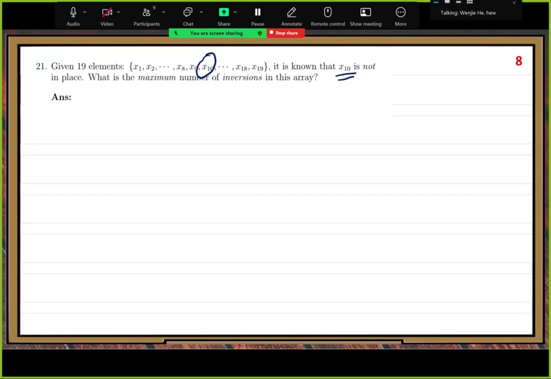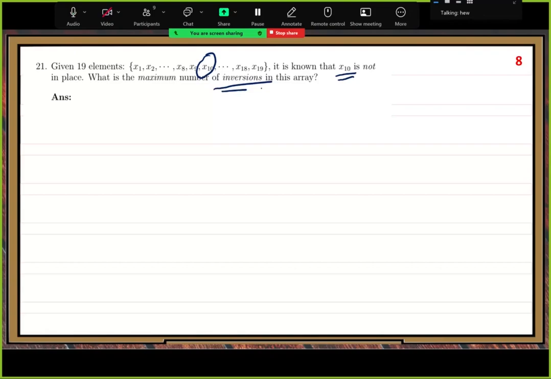When you sort this whole array, the original location of x10 will change. It's not in place, so you have to move it. The destination location is different from the original location. So what is the maximum number of inversions?